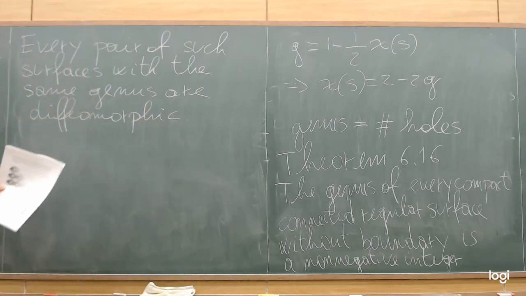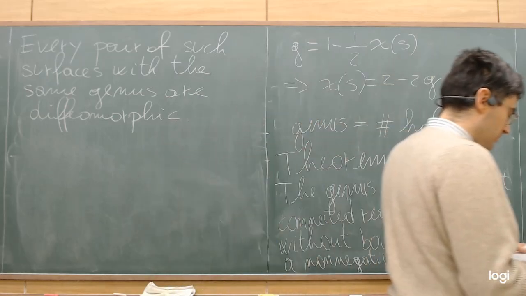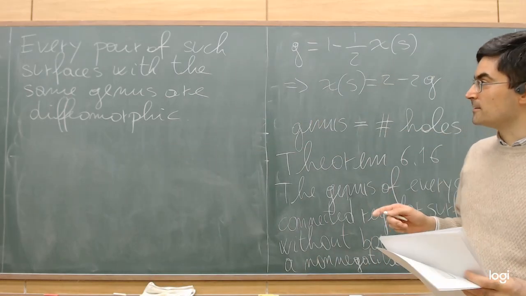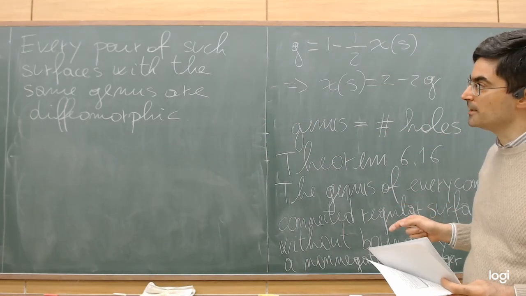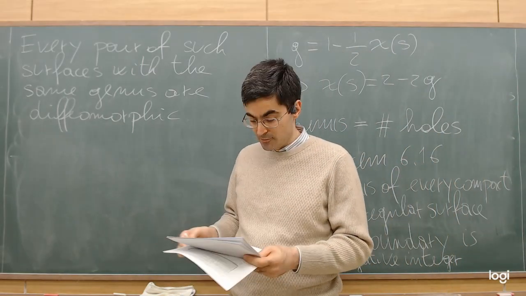So this says that up to a diffeomorphism, the compact connected regular surfaces without boundary look like the surfaces I erased.